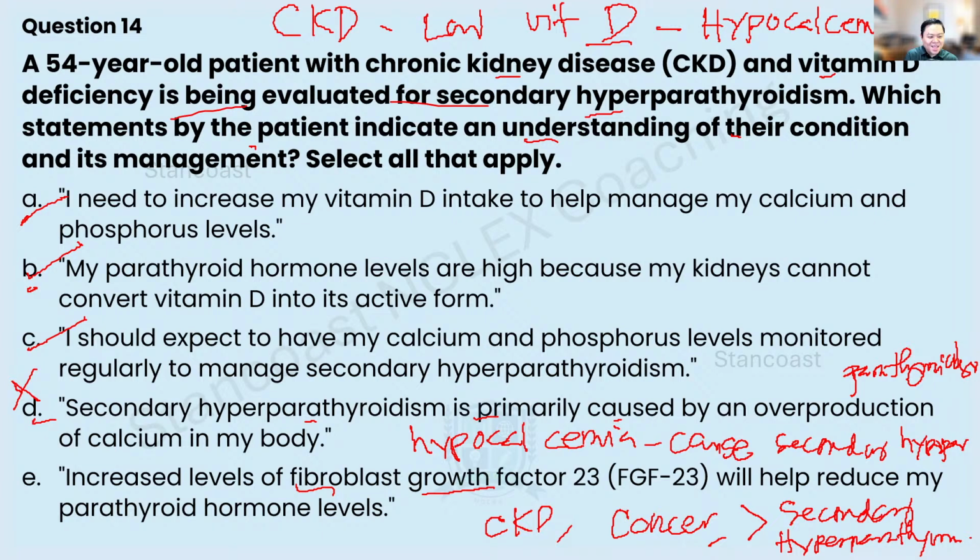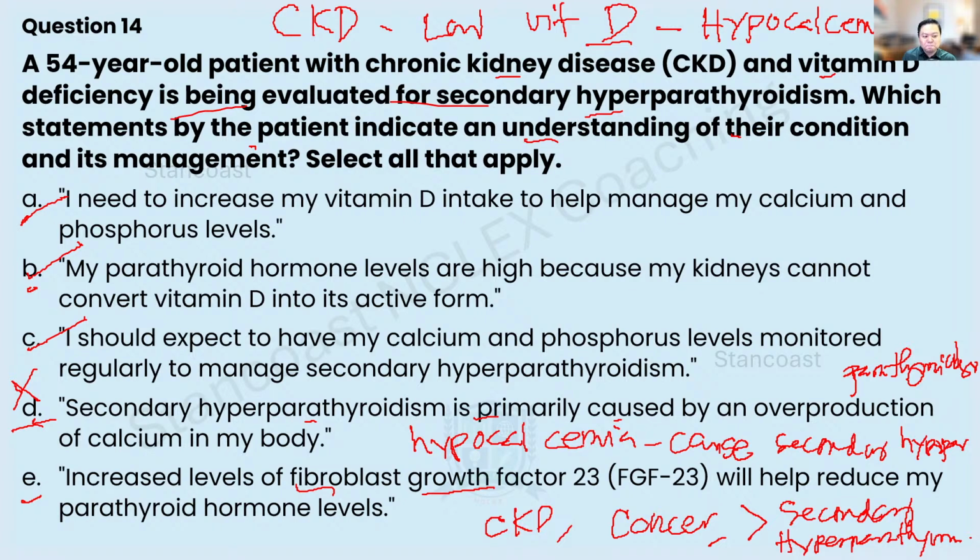Okay, so we are eliminating letter D. Letter E, increased levels of fibroblast growth factor 23, or known as the FGF23. What does that mean? This is a lab data that is only elevated if they have a continued hyperparathyroidism.